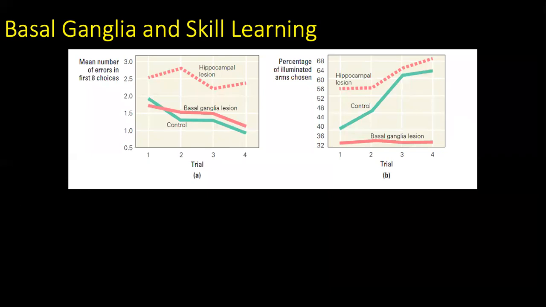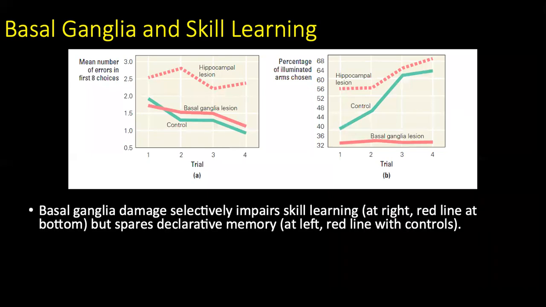And this is the data that goes along with that you saw in the book. So if we look at animals that had their basal ganglia damaged, it seems to only impair skill-based learning. So if we look at the right here, where we have percentage of illuminated arms chosen, so how often the rats in that procedural learning type of trial are choosing the arms that they should have learned are going to have food.